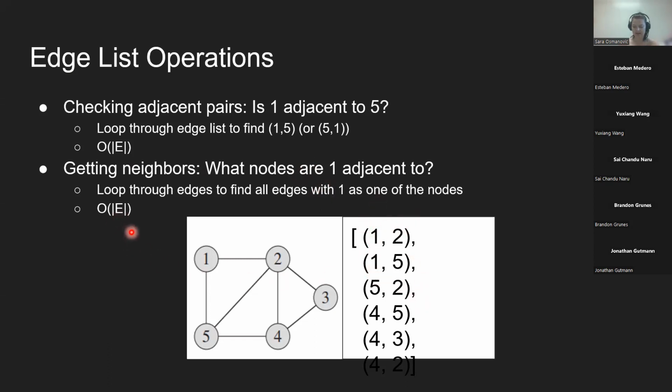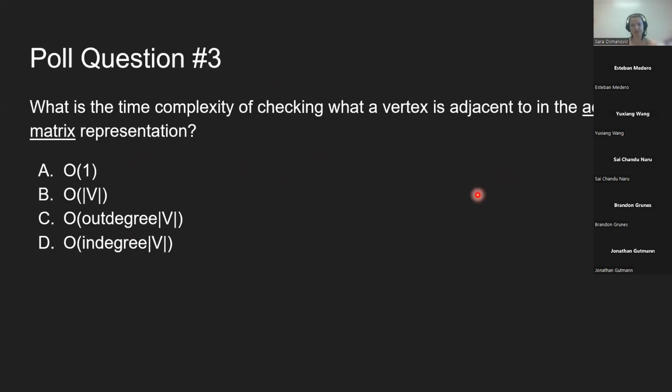Once again, it's going to be proportional to the number of edges because we only represent edges in this list, and you have to loop through all of them. There is no shortcut. So this is too slow, especially for very dense graphs. That's why adjacency matrices and adjacency lists are used more.